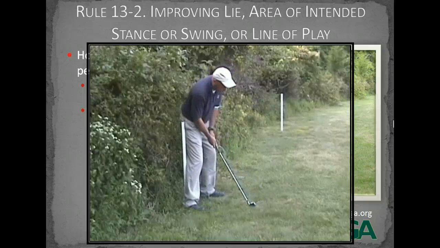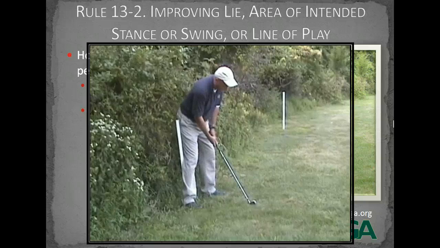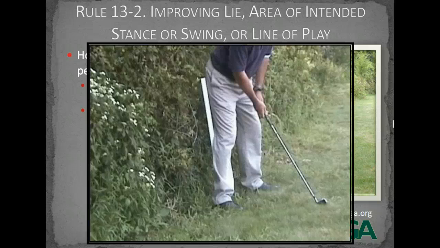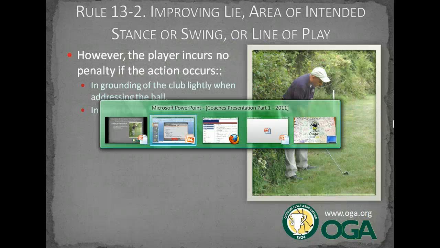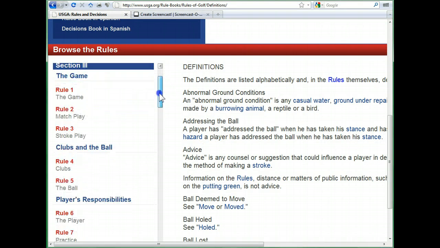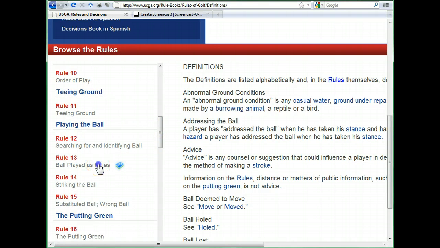For those of you that want to read a fairly lengthy decision on exactly what this means, you can go to 13-2/1. If you have your decisions book, you can go right to it, or if you're using the USGA site, you would go to Rule 13, playing the ball as it lies. That's what we're looking at right now.